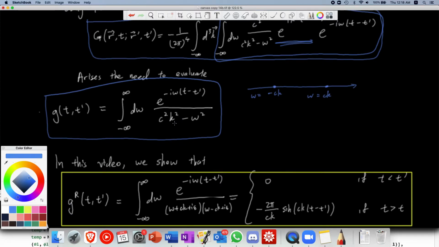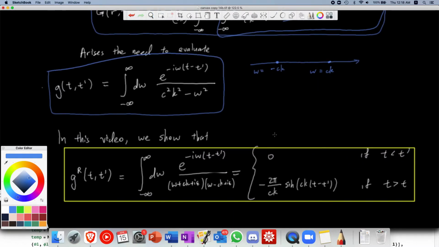However, we can assign a meaningful value to a very similar integral, where you integrate along the following path. We bring it out into the complex plane in a small semicircle of very small radius around the pole, and this integral from minus infinity to infinity, where you hop over the poles, is known as the retarded propagator.